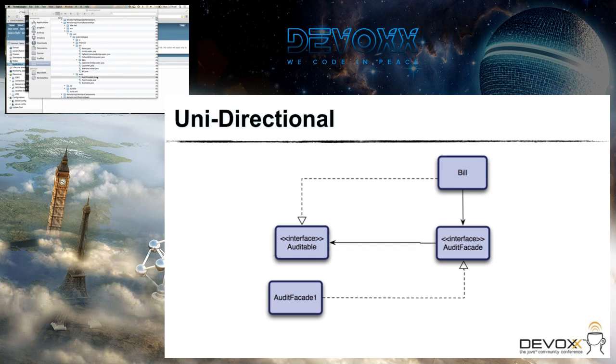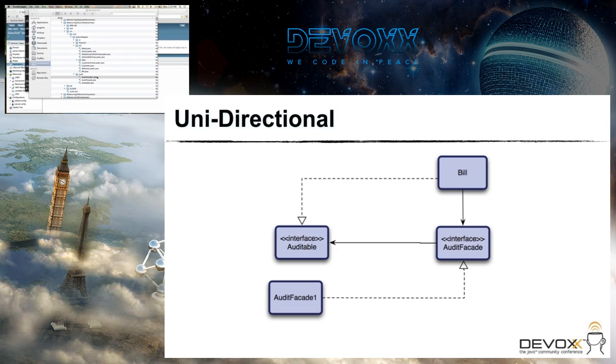But what's important to point out here is, where does that auditable interface live? If I put auditable in the same package or the same module as the bill, I haven't broken the bidirectional relationship between my modules.